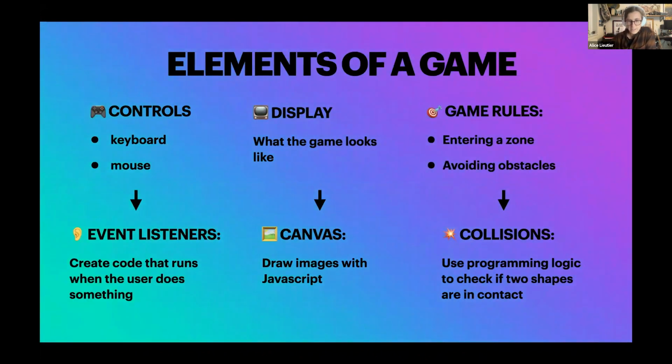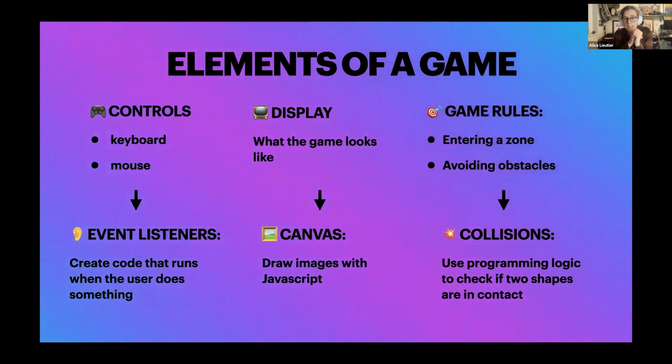Let's think about what a game is. On my screen I put 3 elements that I think of when I think of a game, and I'm talking about video games here, though it's true of any game. First, there are controls: a way for you to interact with the game. On a PS4 you might have a controller, but on your computer you might use the mouse or the keyboard.